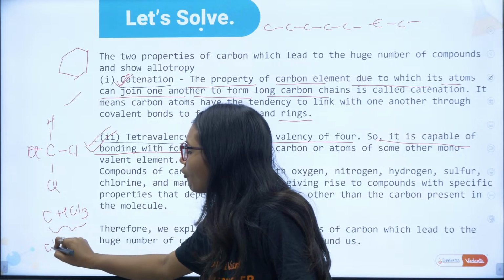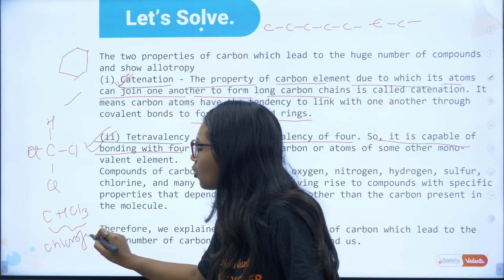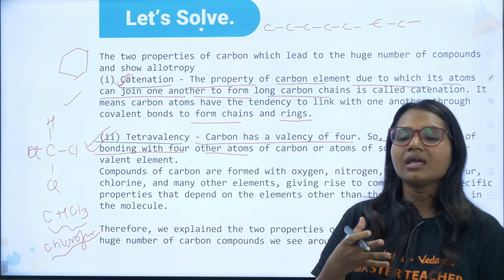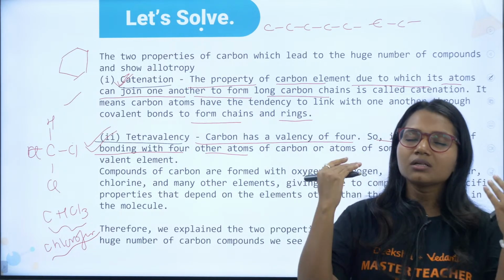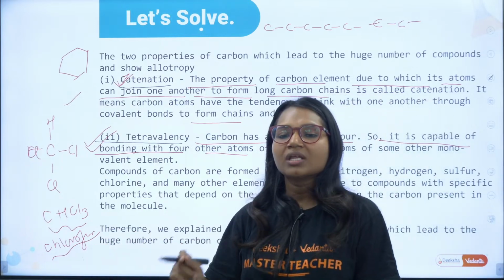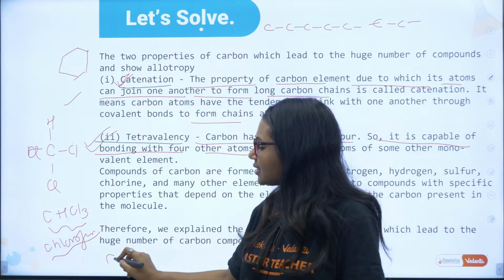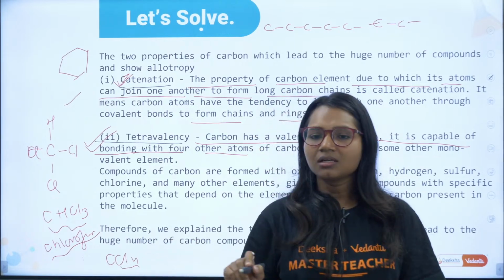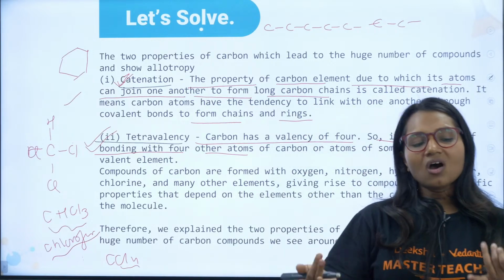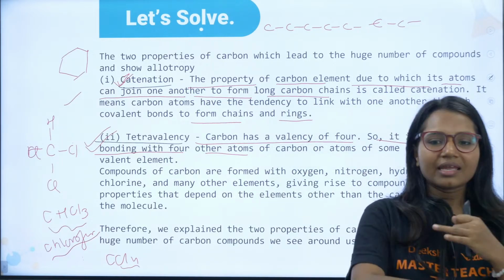So this is chloroform, right? Chloroform is what kidnappers use to make somebody unconscious, and once they lose consciousness, they take him somewhere. Then CCl4, very dangerous. So why is so many compounds of carbon possible? Because carbon is tetravalent and shows catenation.